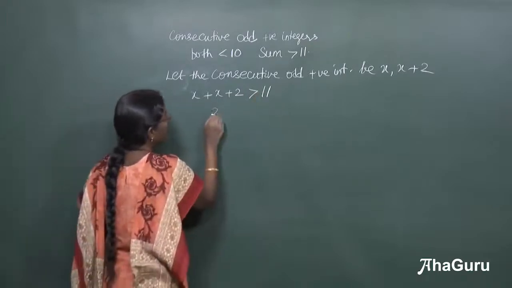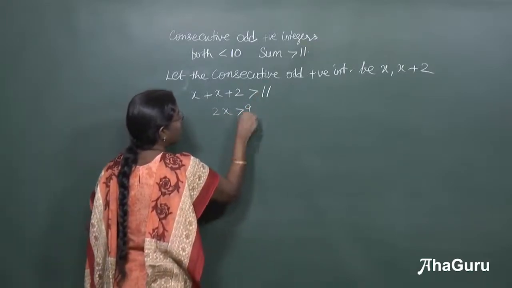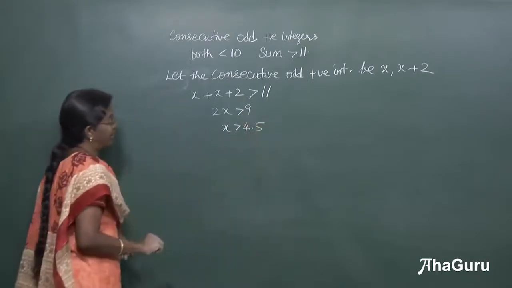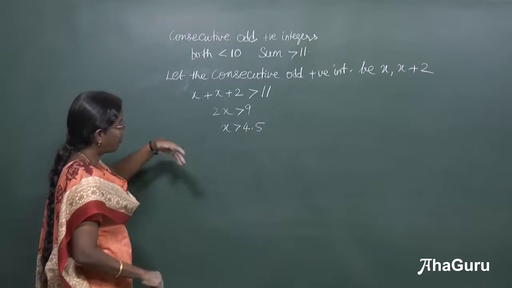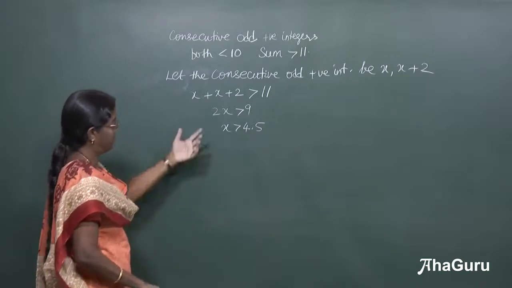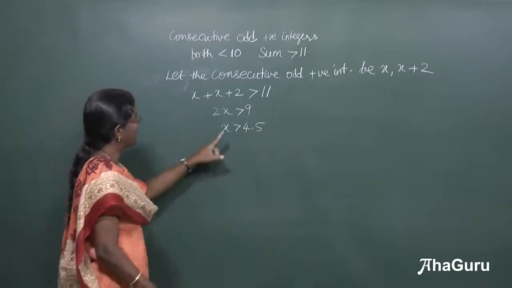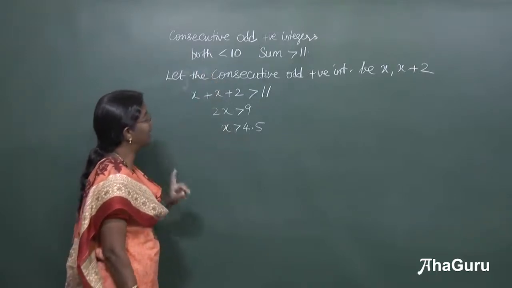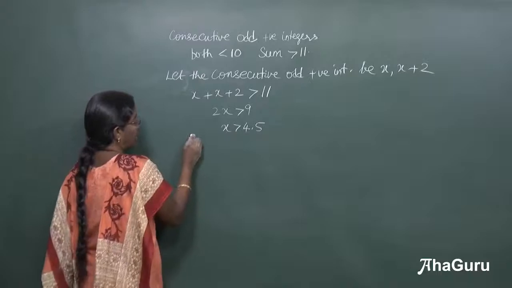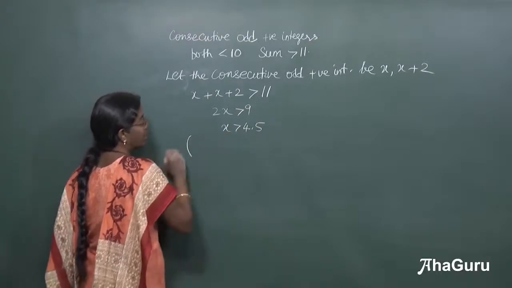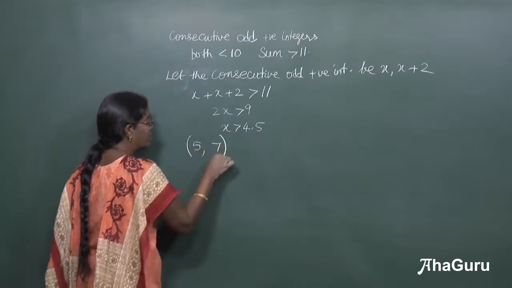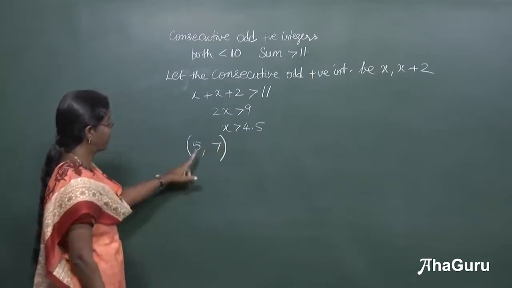So what do you get here? 2x is greater than 9, or x is greater than 4.5. Now we have to find all positive odd integers such that x is less than 10 but greater than 4.5, and the sum should be greater than 11. Greater than 4.5, the first one we consider is 5 and 7, correct?